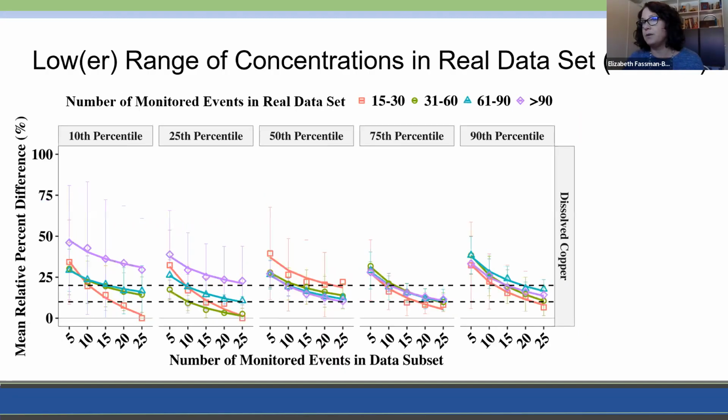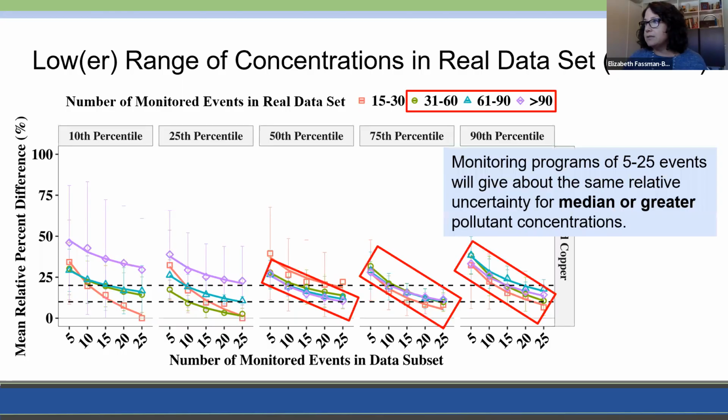Where you have a lower range of pollutant concentrations, which was the case for dissolved copper, it's slightly different. For monitoring programs of 5 to 25 events, our uncertainty is overlapping for the families of curves from 31 to 90 events. So for your median or greater concentrations, you can represent them pretty well with smaller monitoring programs.